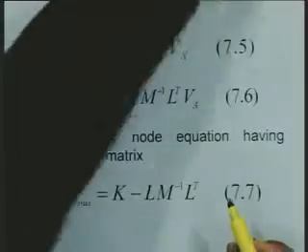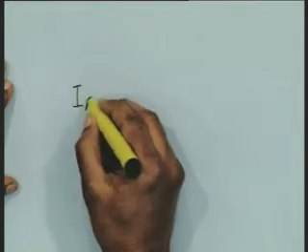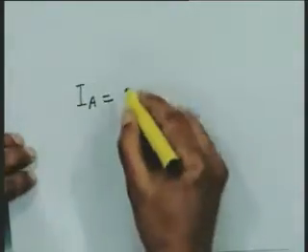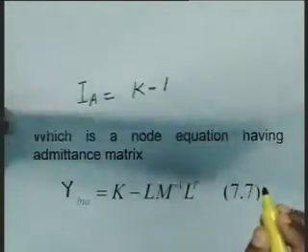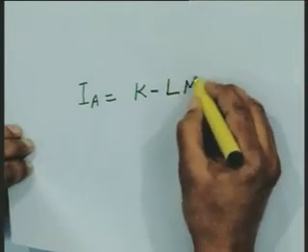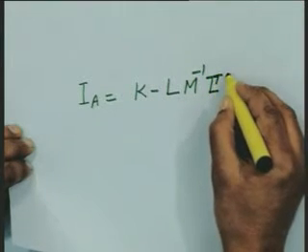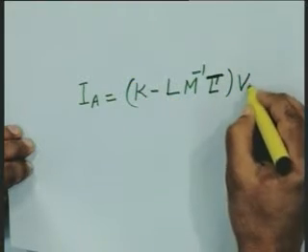That is, if I write the equation in this form, Ia equal to K minus L M inverse L transpose into Va.